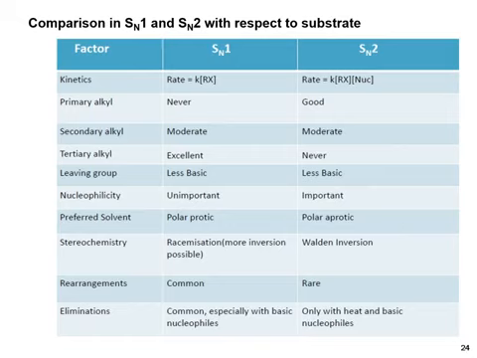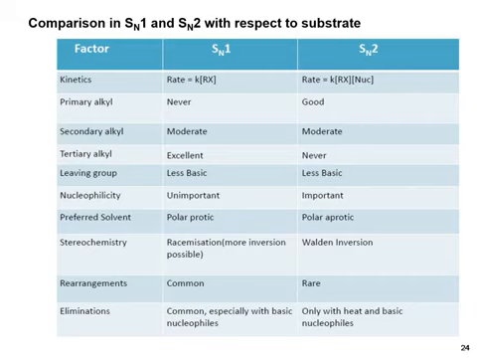When the substrate is a primary alkyl, then a bimolecular reaction will occur. When a secondary alkyl moiety is the substrate, then both SN1 and SN2 can occur. When the substrate is a tertiary alkyl, then the SN1 reaction will occur, but not the SN2 reaction.